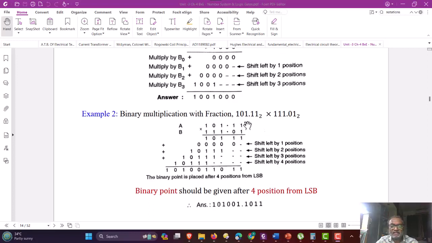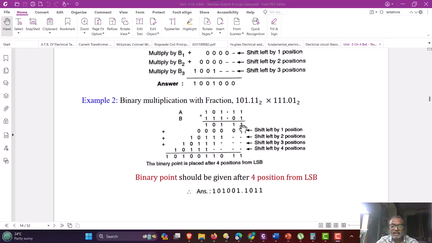Since here the decimal point in number A is after 2 positions and in B the decimal point is after 2 positions, the total number of positions the decimal point will be shifted left in the result is 2 plus 2, that is 4. So we will put a decimal point after the 4th position.